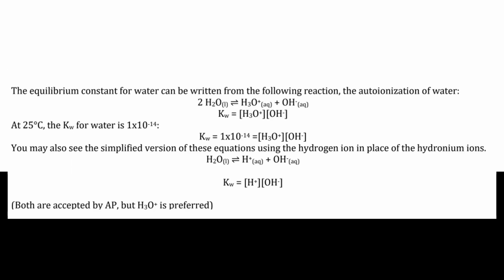So the equilibrium constant for water can be written the following way. So you have two water molecules forming hydronium ion and also a hydroxide ion. So your Kw for that would be Kw equals the hydronium ion times the hydroxide ion. If we are at 25 degrees Celsius, the Kw is going to equal 1 times 10 to the negative 14.